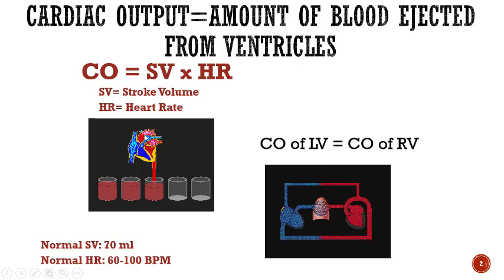Whatever comes through here is going to go to here. So this really is going to determine the cardiac output of your left ventricle because your right ventricle leads into that. So that's all I mean by that. I don't know if I just made that more confusing with my explanation. I feel like I sometimes am guilty of that.